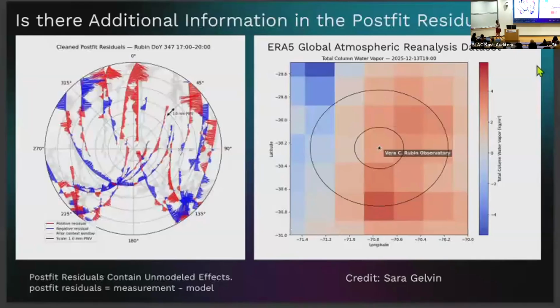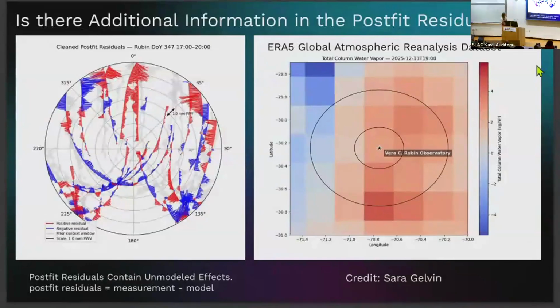And so on the left, I'm plotting different satellite tracks over 3 hours for a night in December. And perpendicular to these tracks are the post-fit residuals. So red in this case would indicate more water vapor, and blue would be less. And in the northeast corner, I have a little black mark that indicates the size of 1 millimeter of precipitable water vapor.